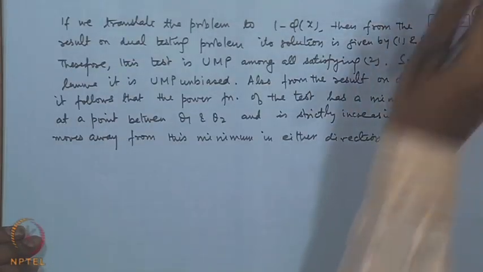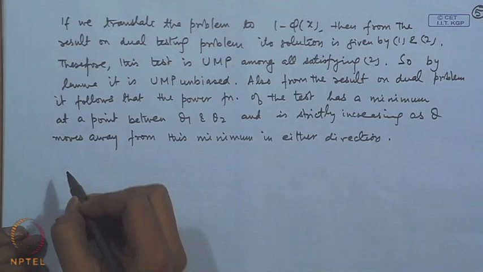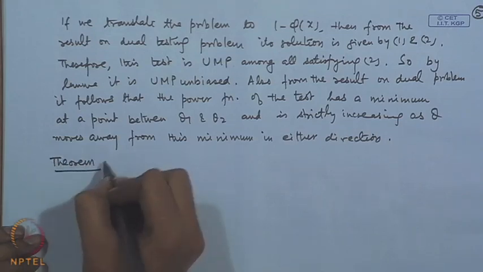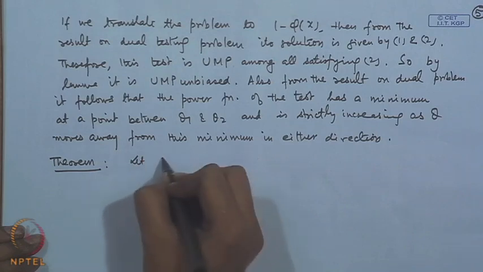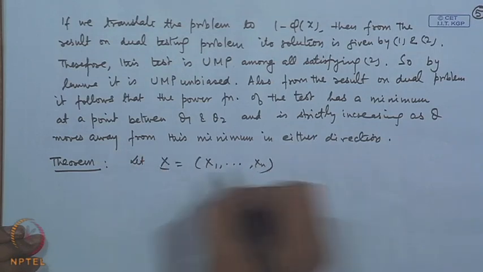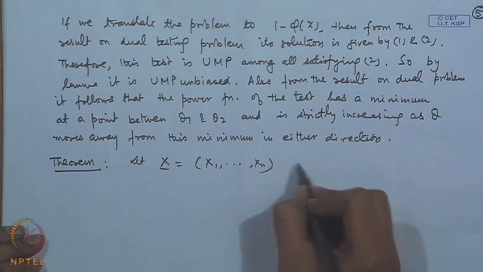Okay. Now, let us consider the point null hypothesis and the alternative is two sided. Now, in that case one of the conditions gets modified. Let me state it in the following theorem. Let x equal x 1, x 2, ..., x n. So, again the same conditions are there. Let me, just for convenience, restate it.